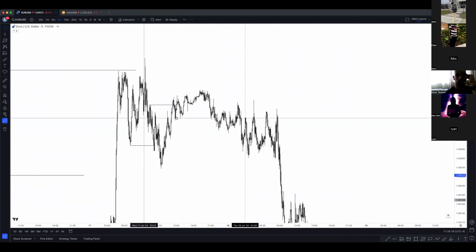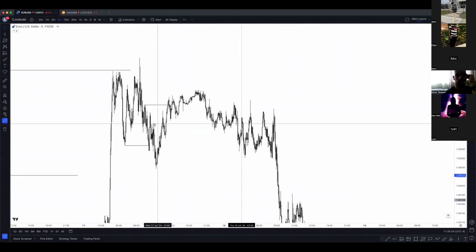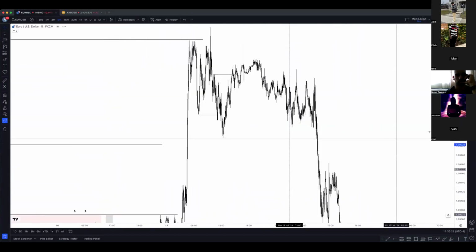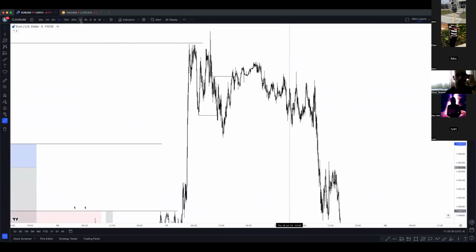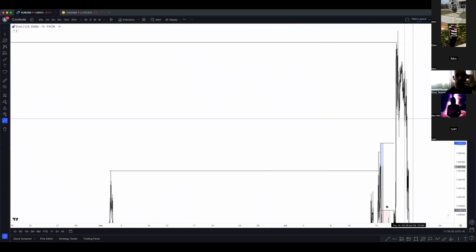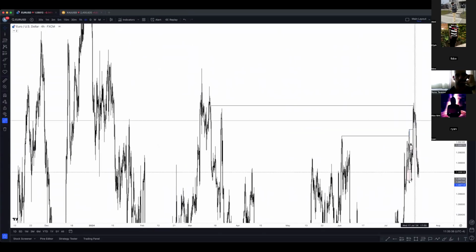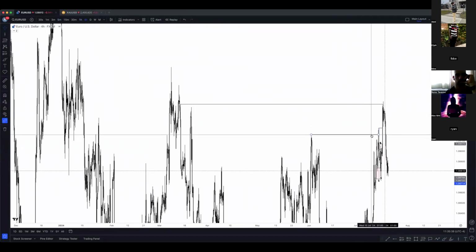All right. So this BOS to the upside, right? Inducing buyers into the market. Also, there's liquidity to the downside, right? So you have to look at what the higher time frame is telling you. Go on the 4-hour. Grabbed the external high, grabbed liquidity from the left, right?